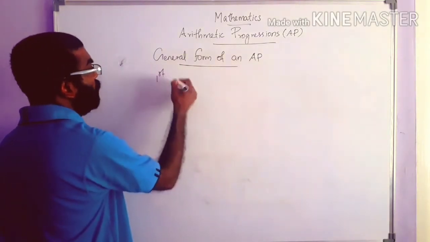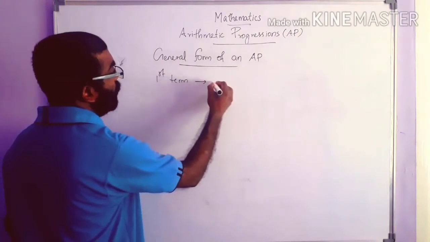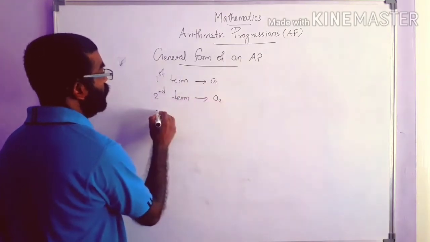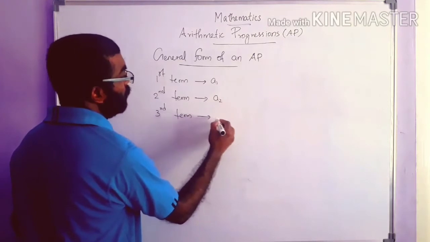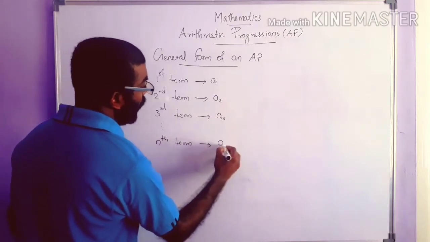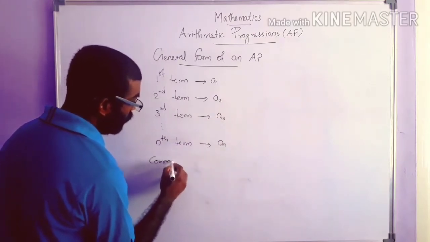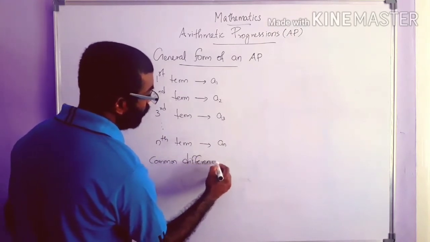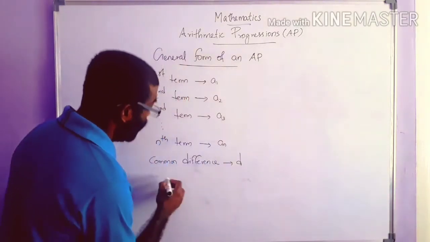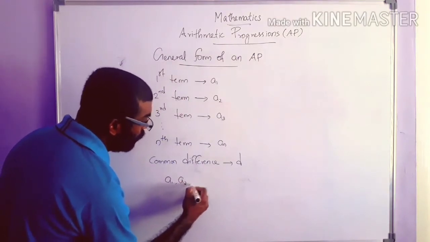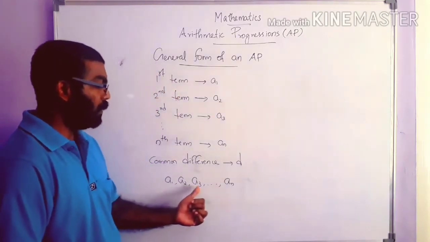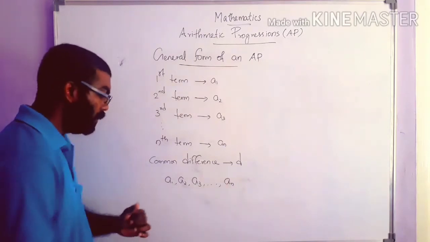Let the first term of an AP be A1, the second term A2, the third term A3, and so on, the nth term An, and the common difference is D. Then the AP becomes A1, A2, A3, etc., An.